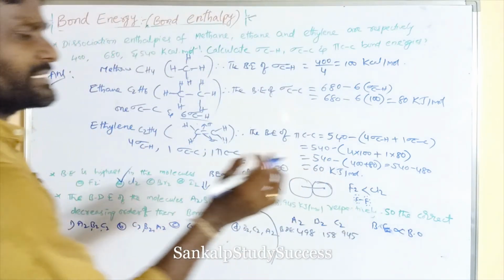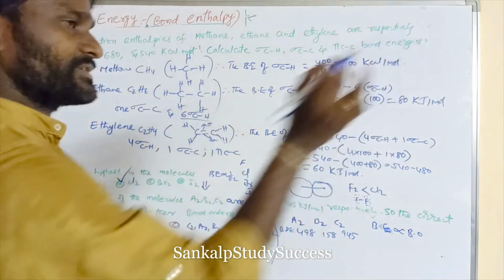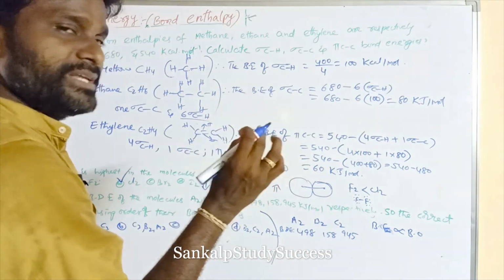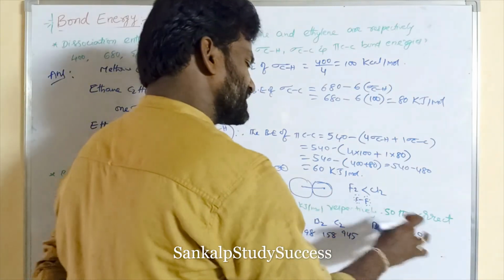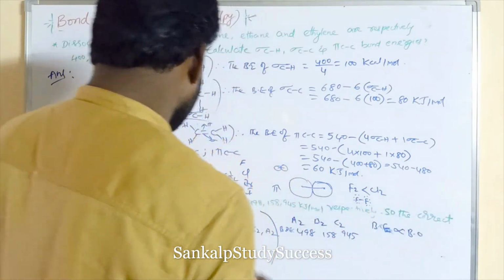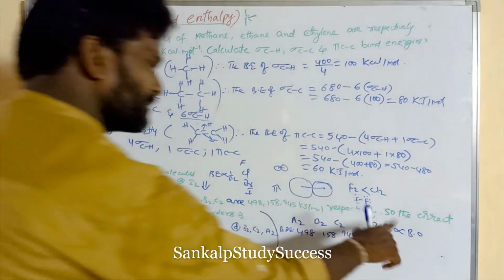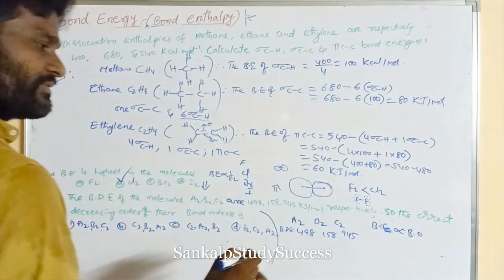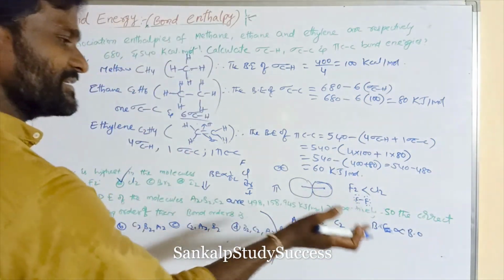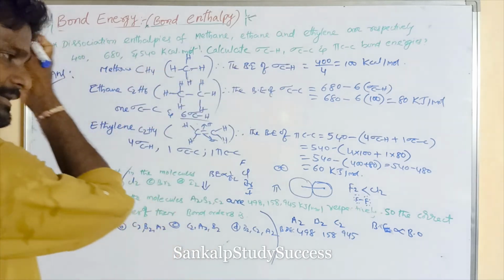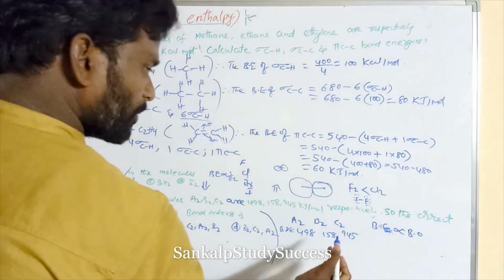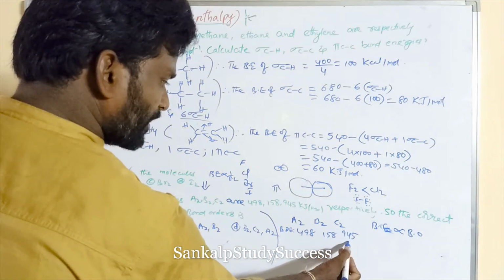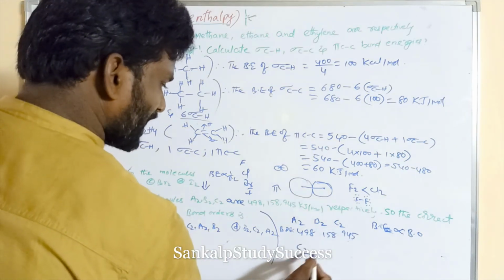Bond order means the number of bonds between the atoms. The number of bonds between the atoms in a molecule is known as bond order. So bond energy is directly proportional to bond order. Which has more bond energy has more bond order, right? Here C2 has more bond energy, so its bond order is high.